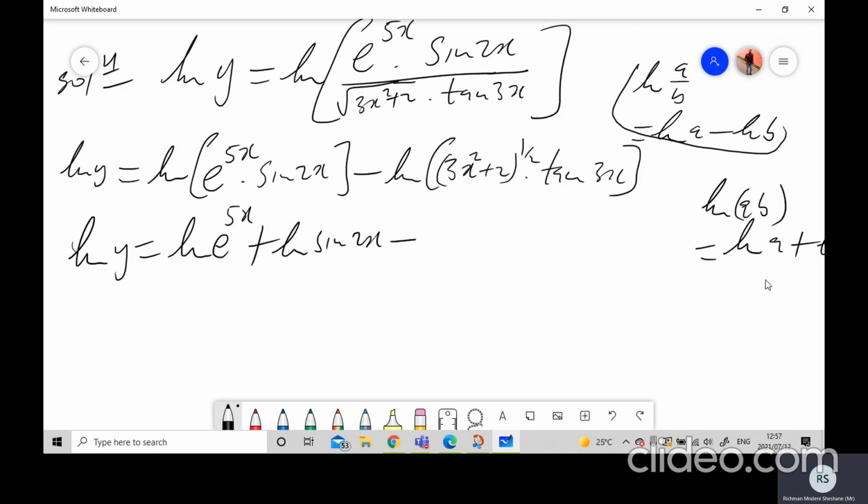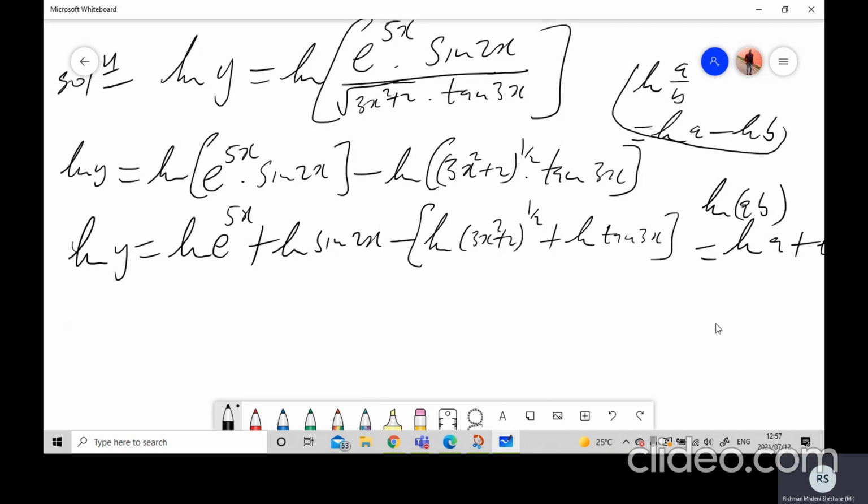This would be ln of a plus ln of b. Let's open a bracket because I'm going to introduce two terms. So this would be ln of (3x squared plus 2) to the half plus ln of tan 3x.